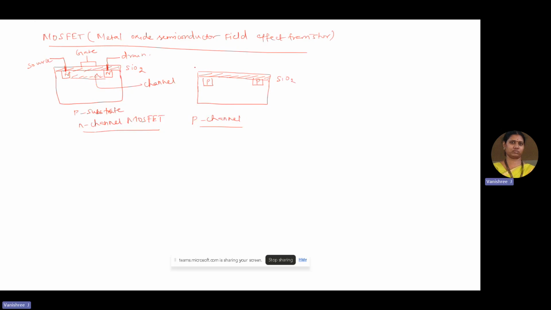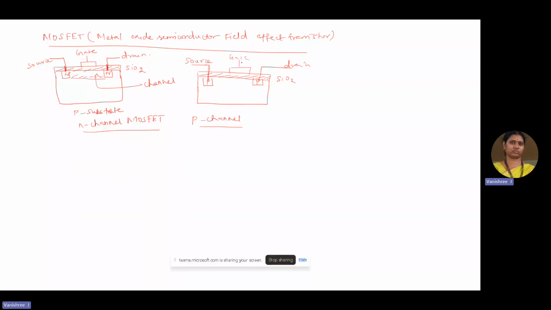And in the same way as shown in the previous case, the terminals are cut through the silicon dioxide layer in order to have the source and the drain terminals. So source, drain and the gate terminal.